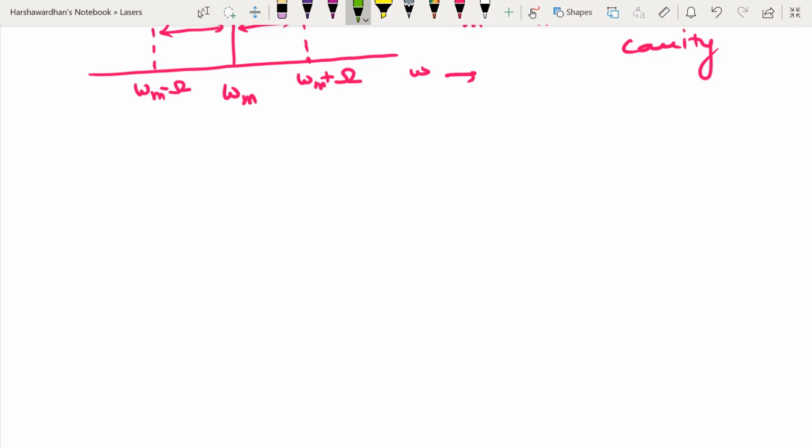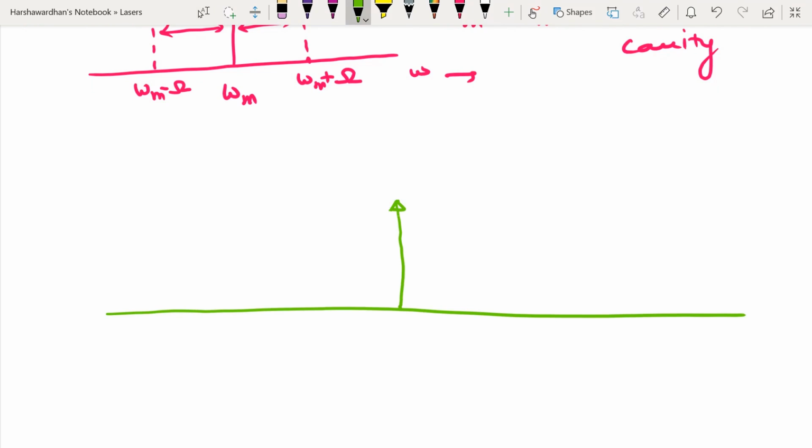So let me just look at three modes, right? Let me call this my central frequency associated with, let's say, omega m, and I have another frequency. Let me call that omega m minus 1. This is the next mode frequency. Remember that these are separated by c by 2L, and I am plotting another mode which again is equispaced, and this is omega m plus 1, right?